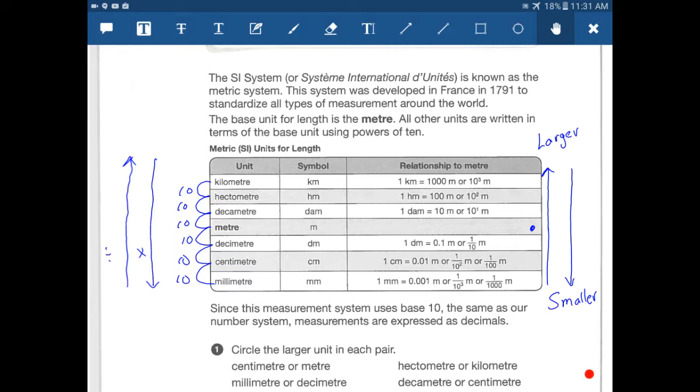So if you wanted to, let's say, go kilometers to meters, so you want to go here, how would you get there? You would have to multiply by 10, multiply by 10, multiply by 10. Another way of saying 10 times 10 times 10 is actually 1,000. So you would take your kilometers, multiply by 1,000, and that would give you your meters.